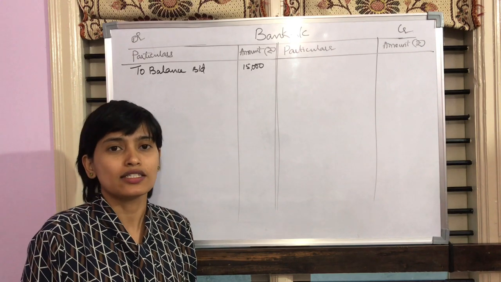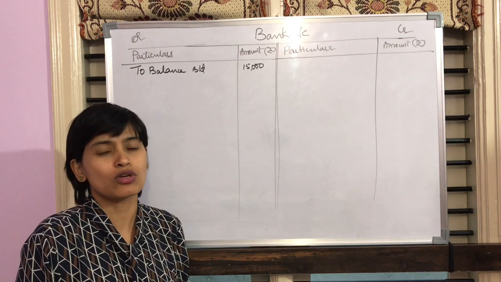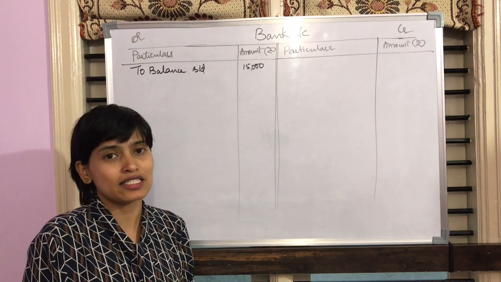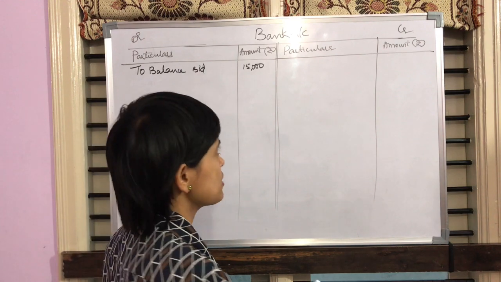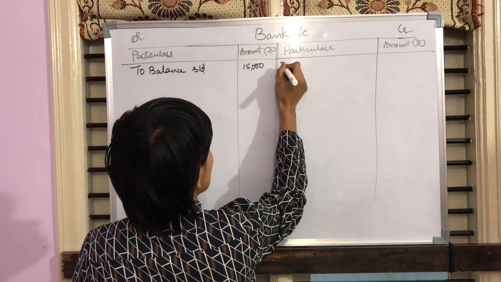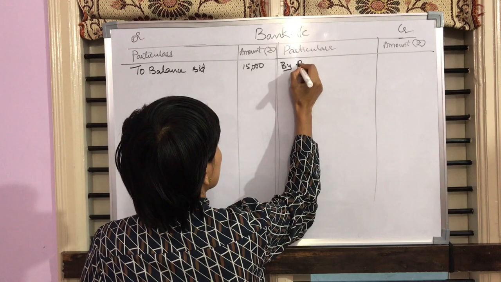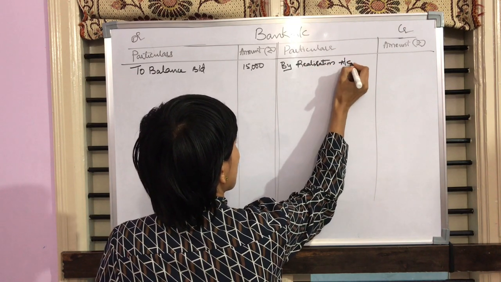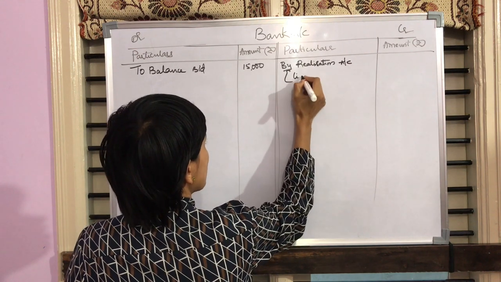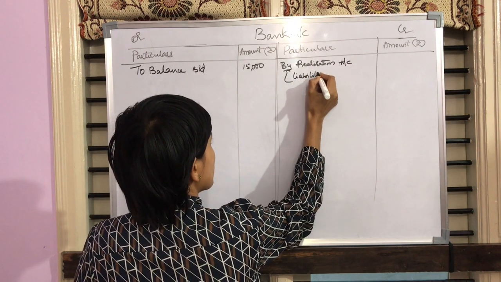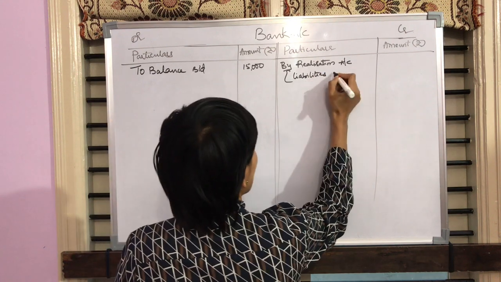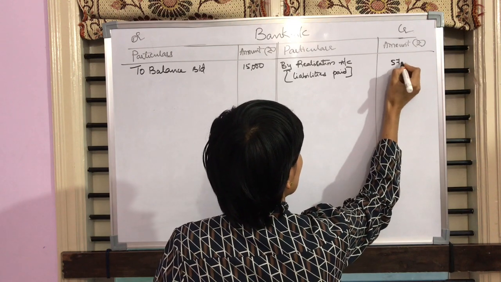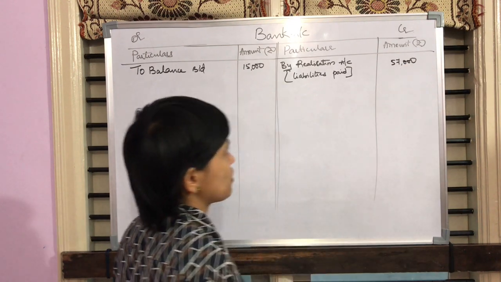Now let's follow realization account and look into those items wherever we have written bank account. So on the debit side, first and foremost we have bank account for liabilities that is being paid. So let's write this information on the credit side as by realization account in bracket liabilities paid, and the final amount that we have calculated is 57,000.